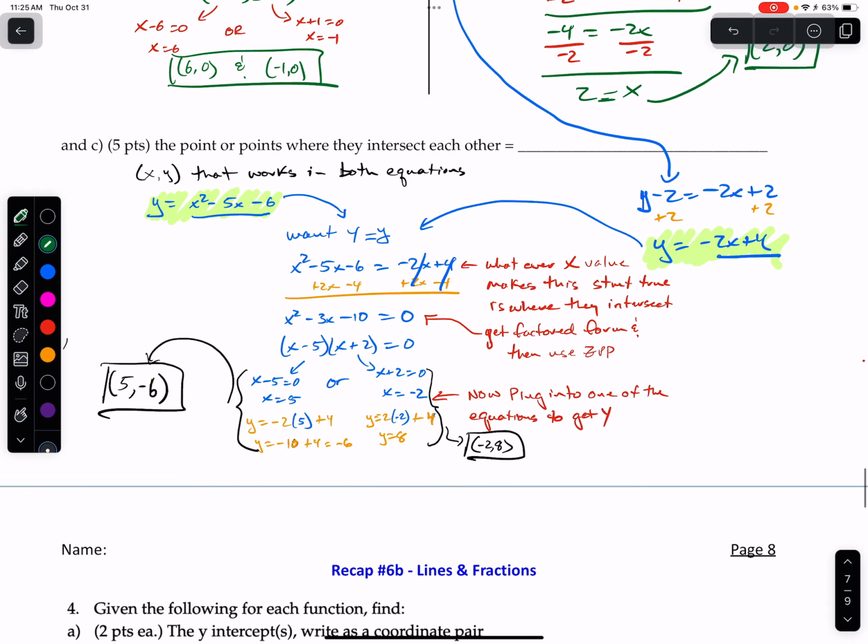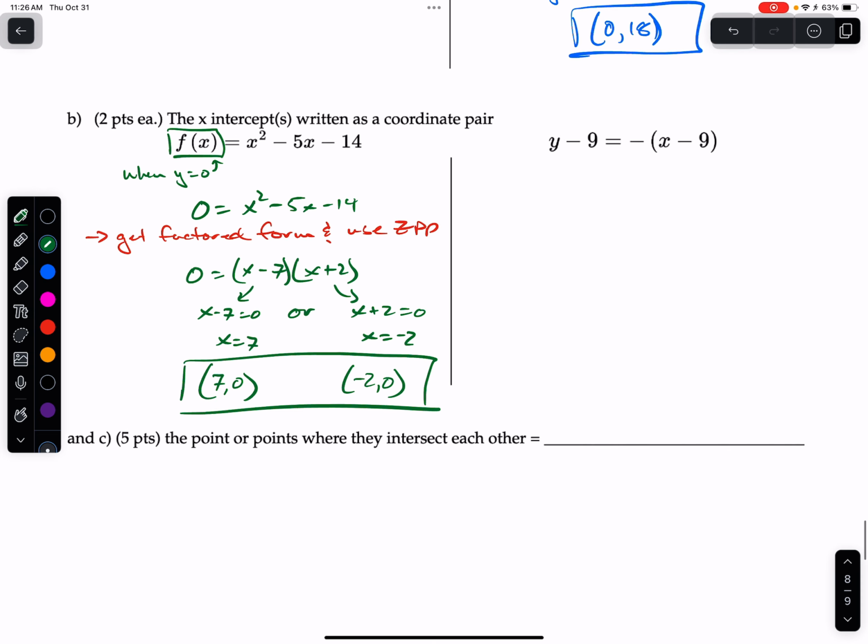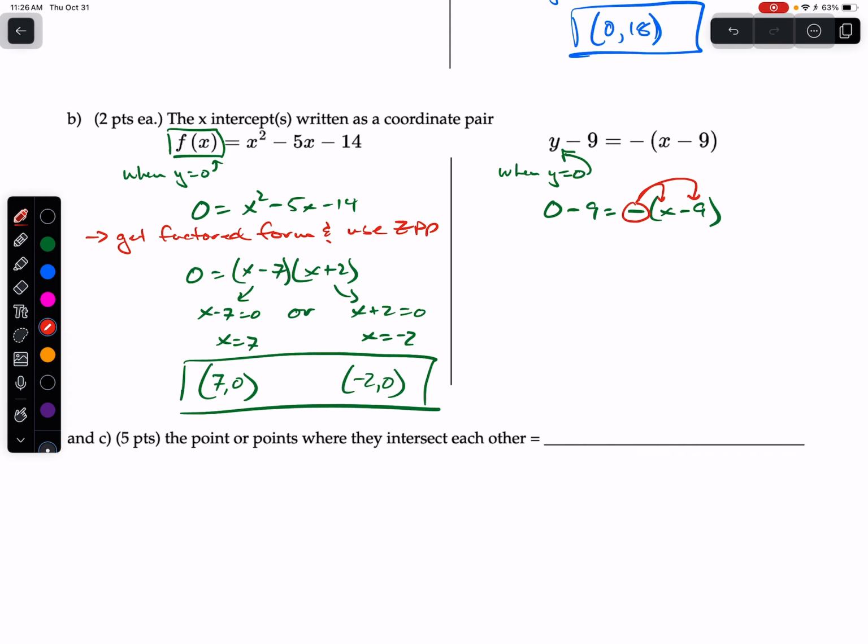Same idea over here. It happens when y equals 0. So we're going to plug that in there. We get 0 minus 9 equals the opposite of x minus 9. Remember that you need to distribute this here and here.